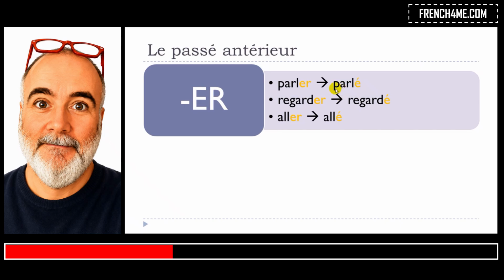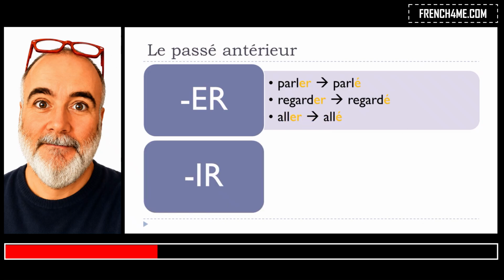Parler will become parlé. Regarder will become regardé. And even this tricky verb aller, to go, remember you don't conjugate that like the verbs from the first group, but even this one, when it comes to this participe passé form, it's quite easy because it goes like allé. Okay? Parlé, regardé, allé.